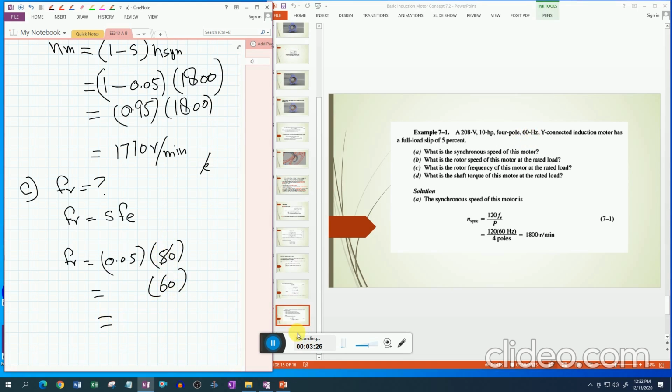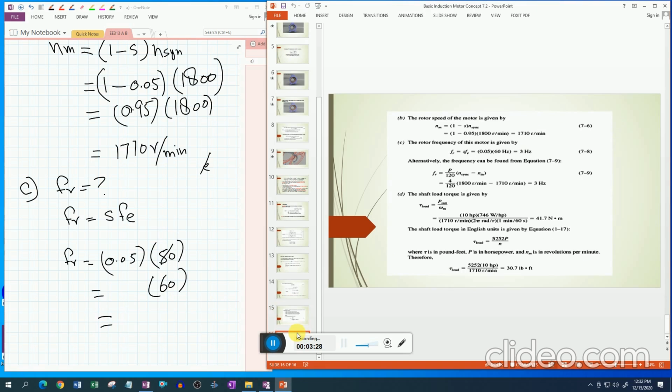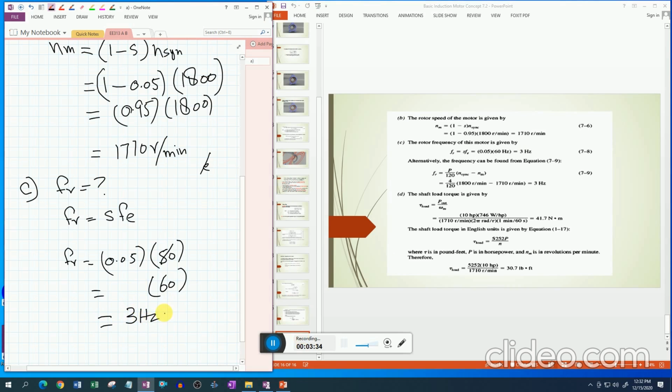When we calculate it here, it will become 3 Hz.